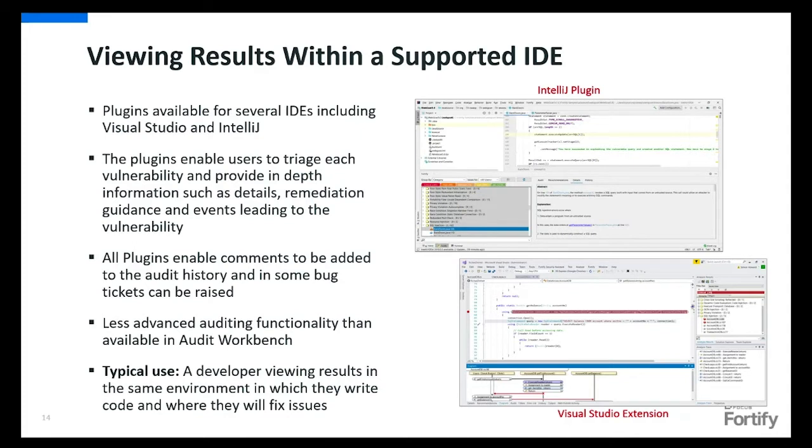You'll get remediation guidance, details about each type of vulnerability, and guidance on how to fix it. The plugins also enable you to add comments to the audit history that Fortify maintains for each vulnerability, and some of the plugins enable you to create bug tickets in an associated bug tracker as well.